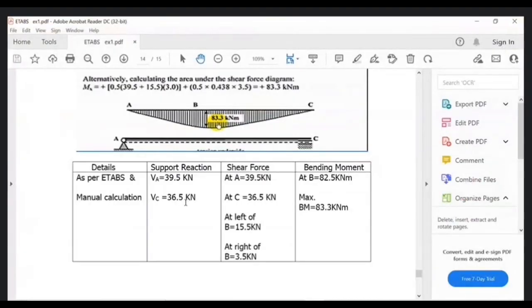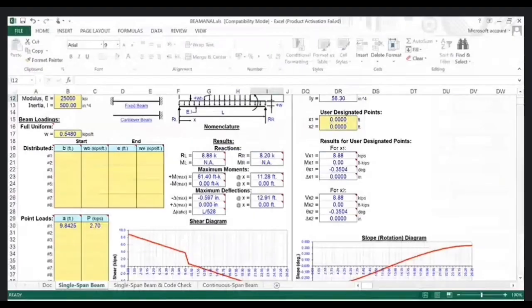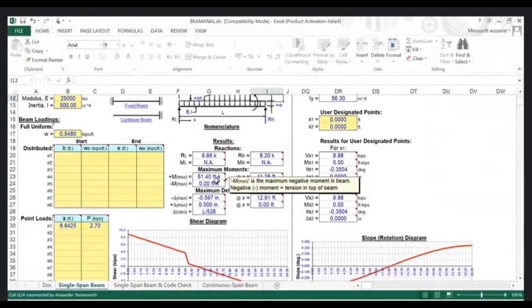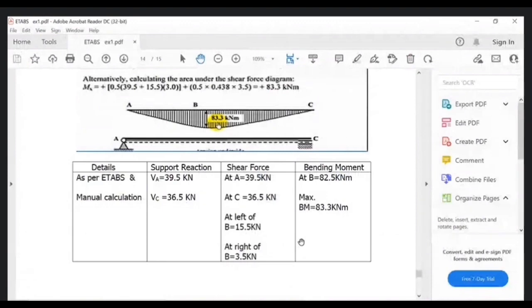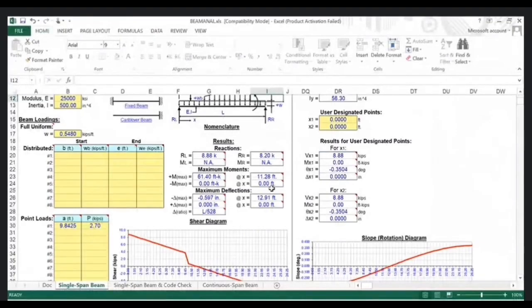Second thing is our moment. The maximum moment coming here is 83.3 kilonewton meter, and in our Excel sheet it is 61.4 kilo pound feet. If we convert this moment into kilonewton meters, it comes approximately equal to 83.3 kilonewton meter, and the distance is 11.28 feet from the left support.